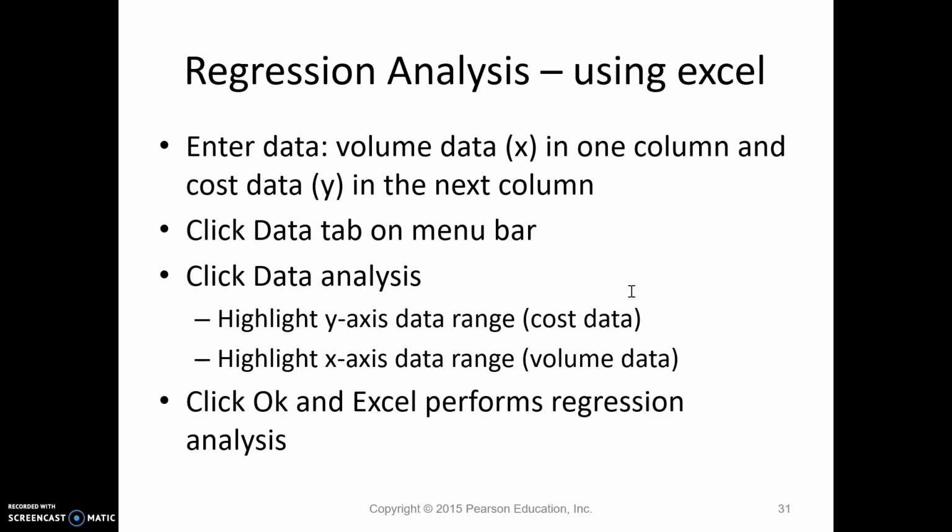If you're going to use Excel to do your regression analysis, you go to Data on the menu bar and click Data Analysis. We highlight the cost data as the Y range and the volume data as the X range, and then Excel will perform the regression analysis. So let's take a look at that.